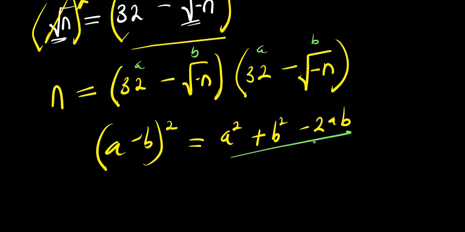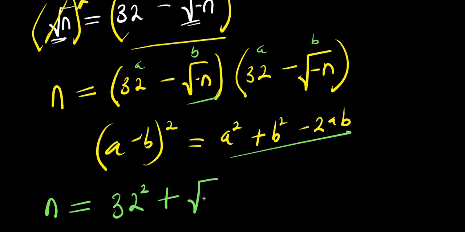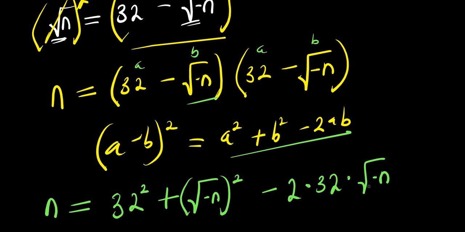So we apply this identity. We have n equals 32 to the power of 2, plus our b, which is the square root of negative n, raised to the power of 2, minus 2 times 32 times the square root of negative n.